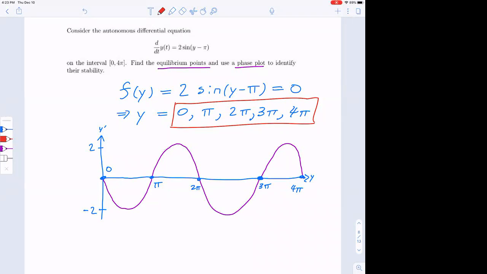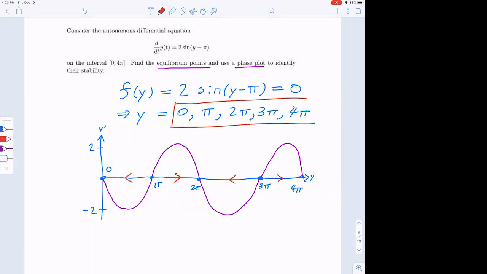So I found my equilibrium points, and I'm trying to discover if they're stable or unstable. Let's remember what the phase plot means. We have y versus y prime. So y prime is telling us when y is increasing or when it's decreasing. When y prime is positive, y itself is increasing, but when y prime is negative, y itself is decreasing.